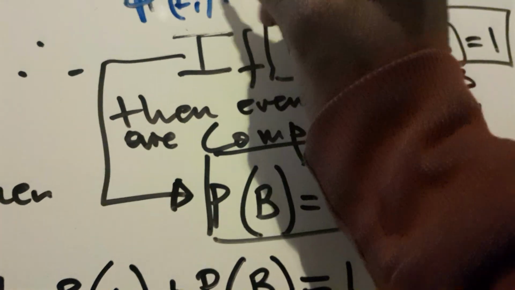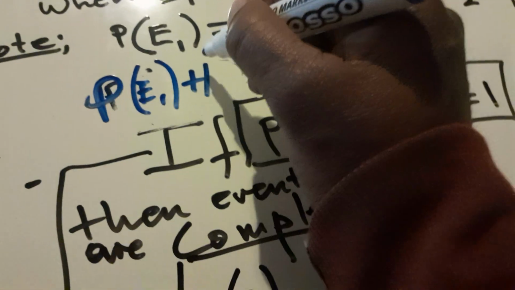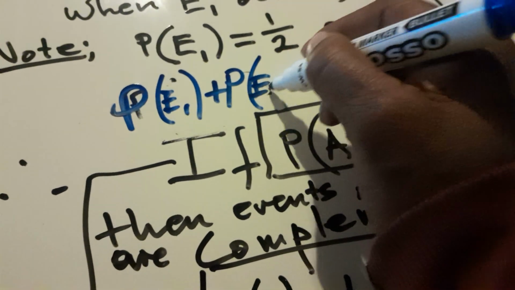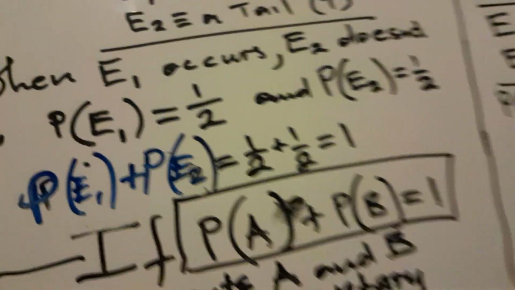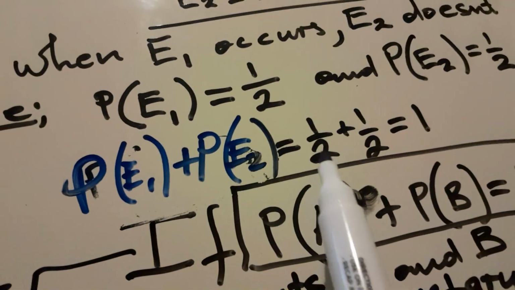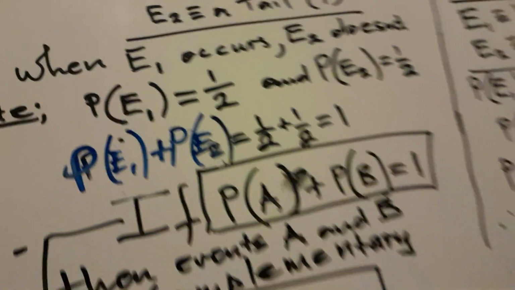Probability of E1 plus probability of E2. It is going to be given by half plus half give 1.